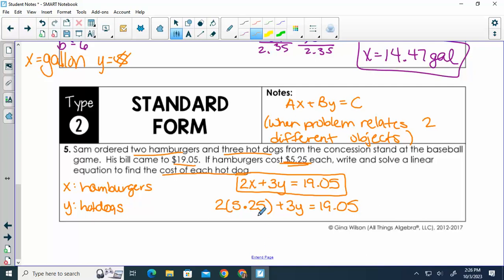So 2 times 5.25, if I subtract over, 10.50, get 3y equals 8.55.